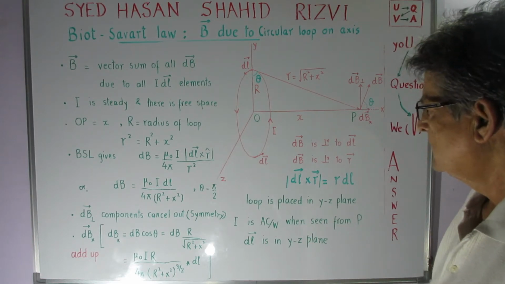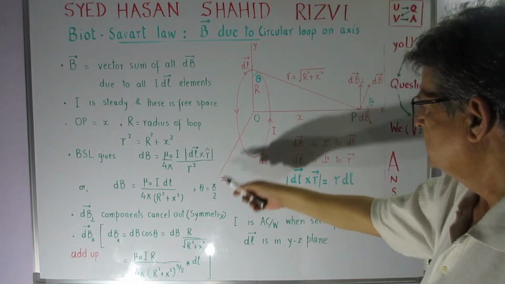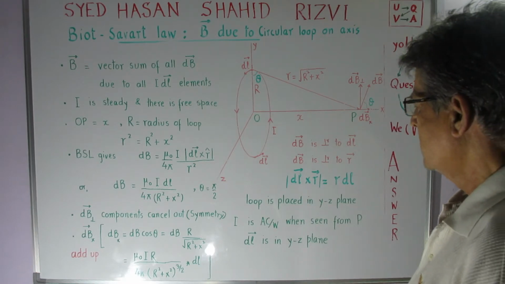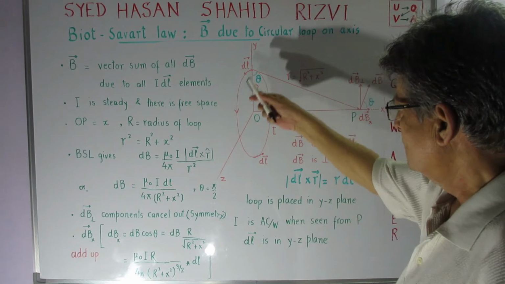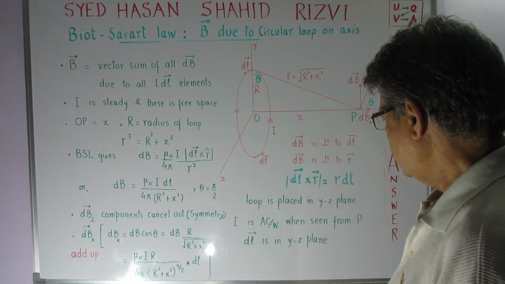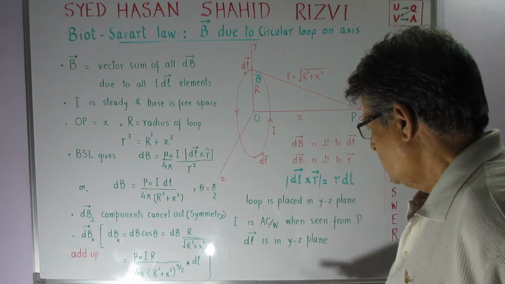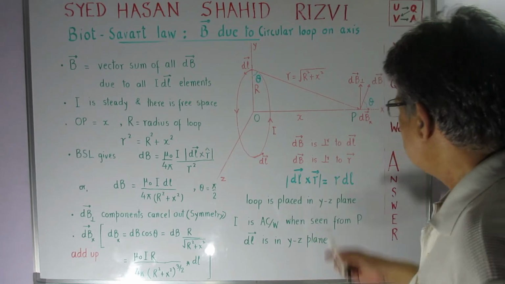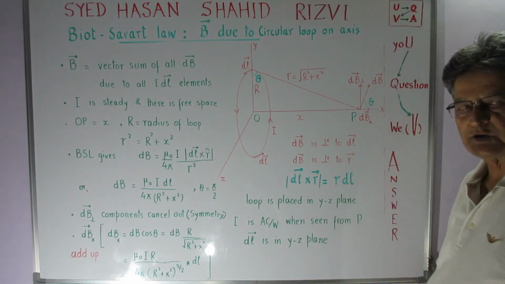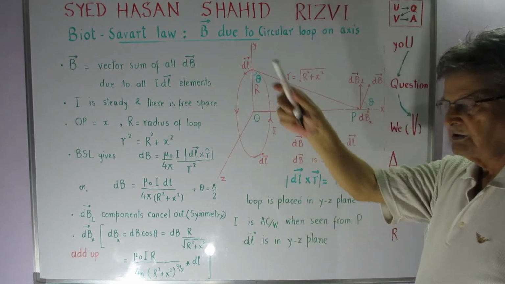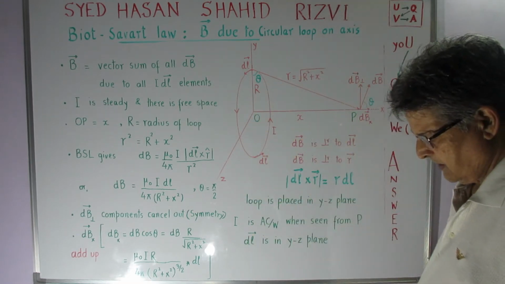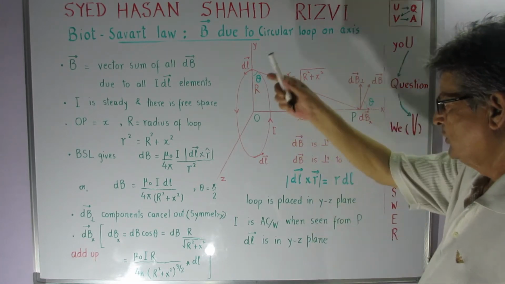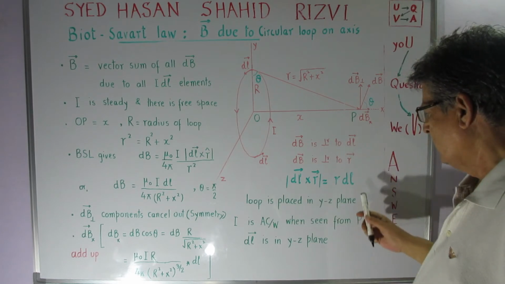So here I have the x, y and z axes, the three-dimensional system, in which I have a loop carrying a current I, and my loop is placed in the YZ plane. When I look from here, at the point P under consideration, the sense of the current in this loop is anti-clockwise.